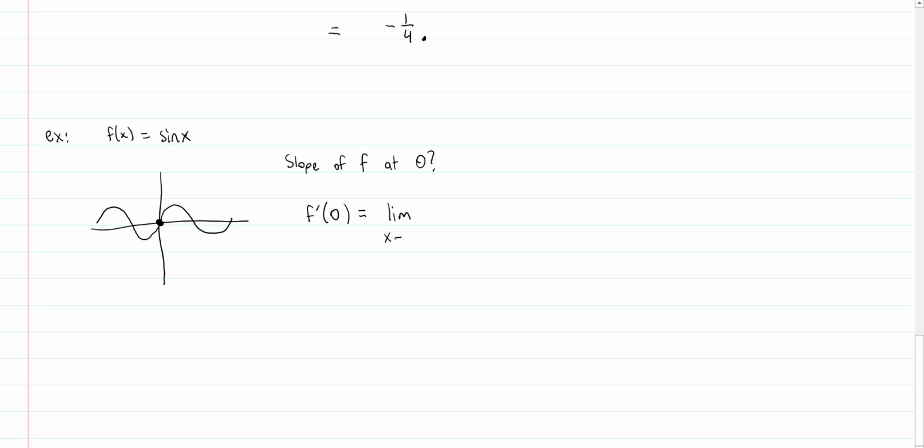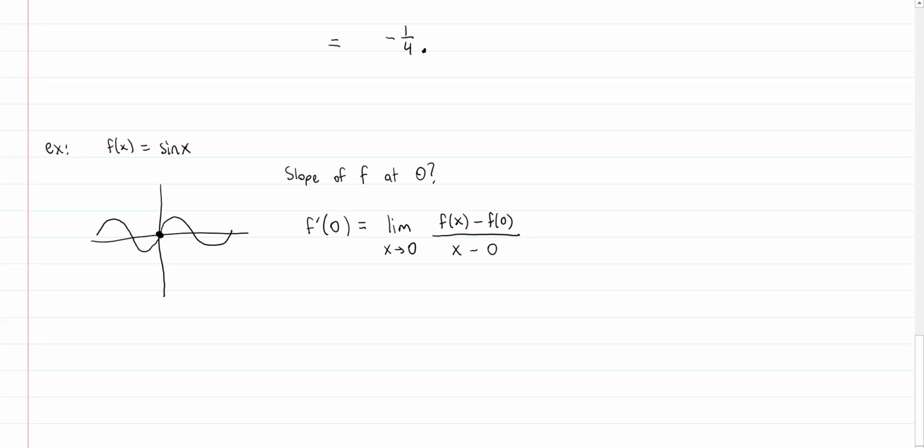Let's use the limit as x approaches a formulation. So I'm going to do the limit as x approaches 0, f of x minus f of 0 over x minus 0.